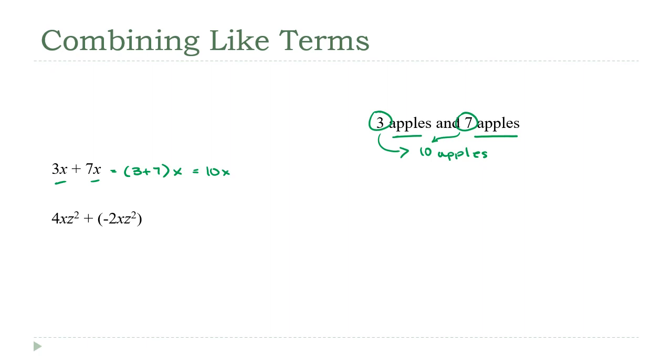So what I'm going to do here is I'm going to combine the 4 and the negative 2, and I'm going to leave the variable part the same. 4 plus negative 2 is 2, so this is 2xz squared. Right? That's how you do it. It's all there is to it. You add the numbers together, and the variable parts stay exactly the same as they were.